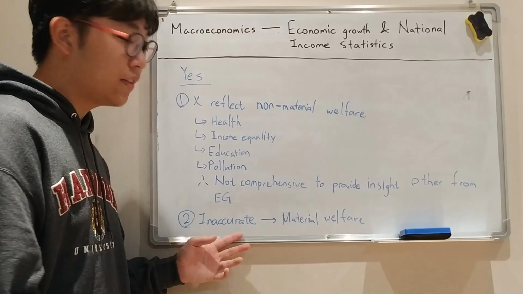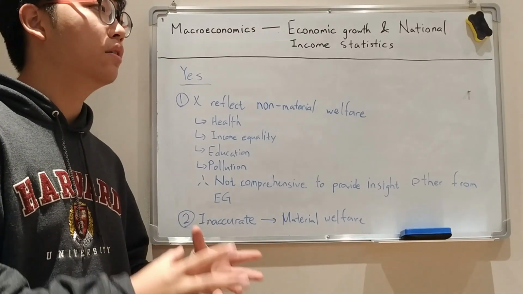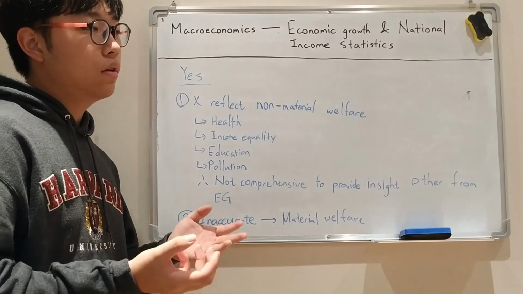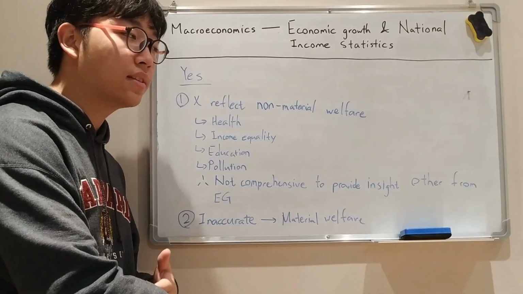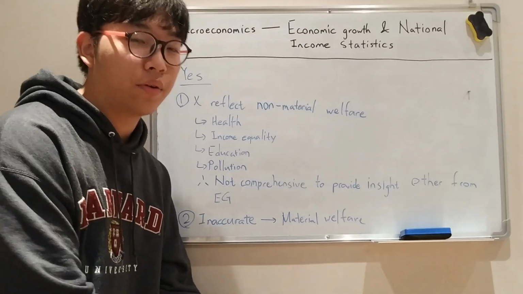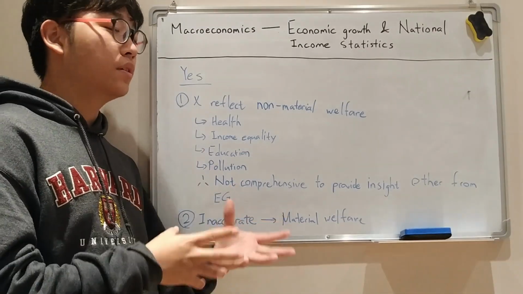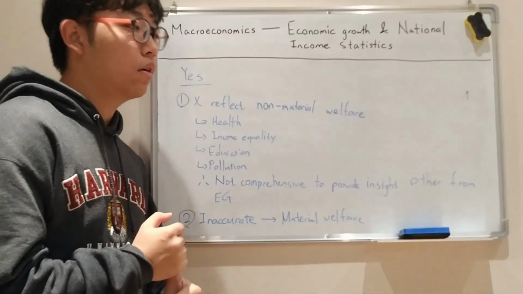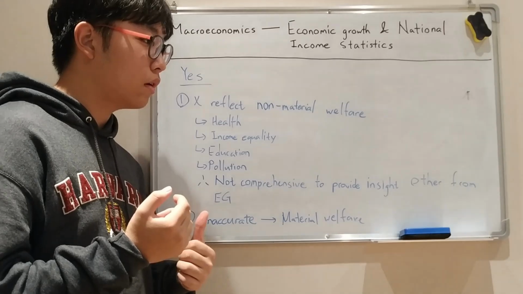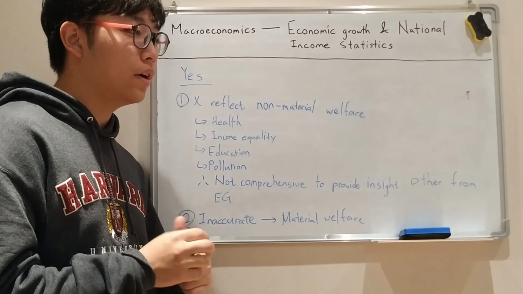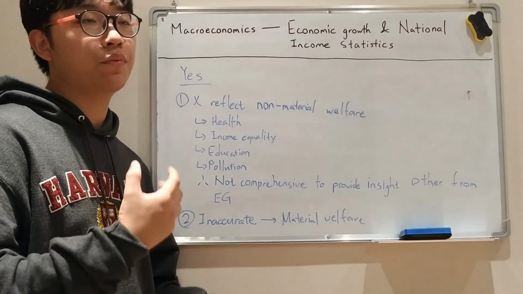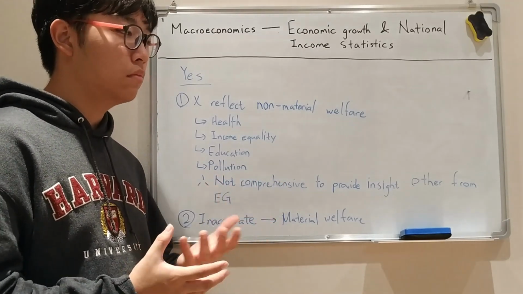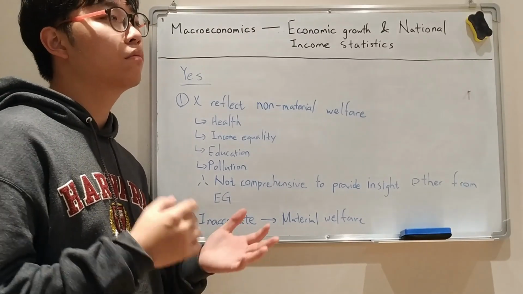However, through making this point, you can completely eradicate the other side of the argument, because you're saying that they can provide these types of insights, but those are inaccurate. Therefore, its functionality in providing insight into standard of living or material welfare is inaccurate, which renders the other purposes obsolete or useless.